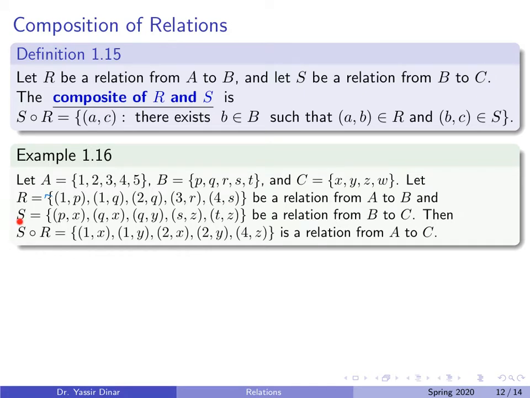And we define the relation S from the set B to the set C by taking all the pairs BX, QX, QY, SZ, and TZ.